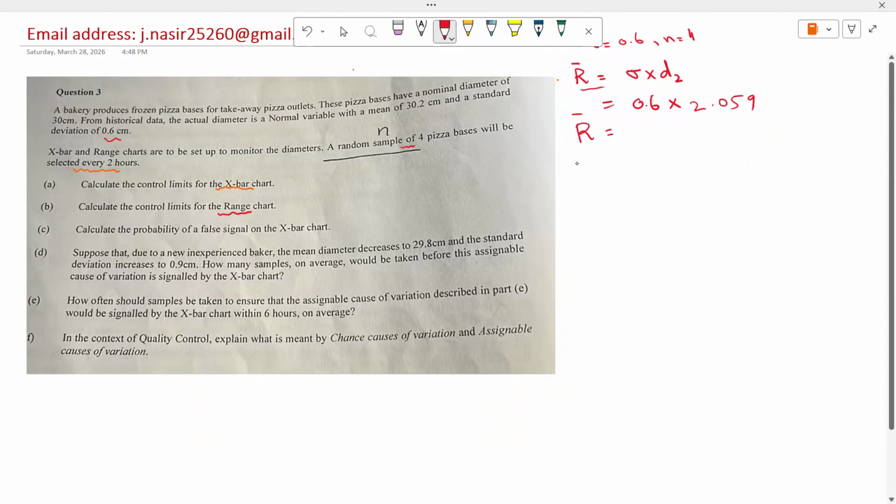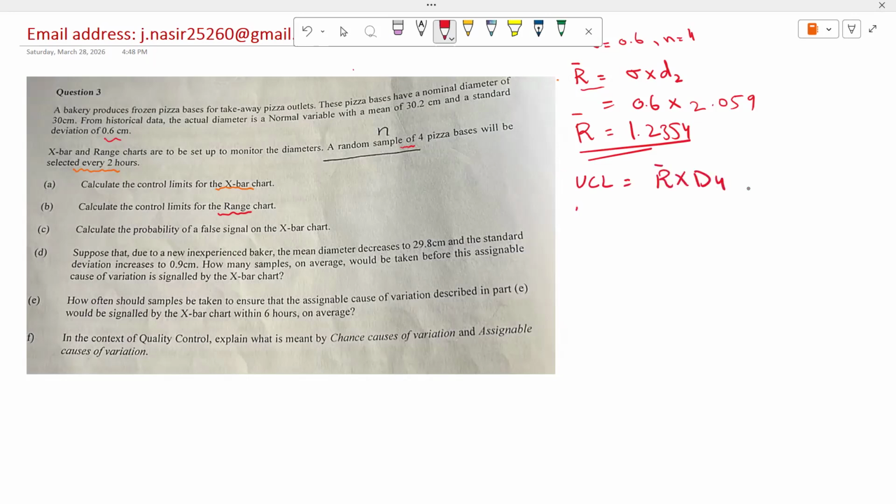And the R bar would be what? Can you calculate? The R bar would be 1.2354. So this is your R bar. Now you can calculate the upper control limit and the lower control limit. The upper control limit would be R bar multiplied by D4, and the lower control limit would be R bar multiplied by D3.